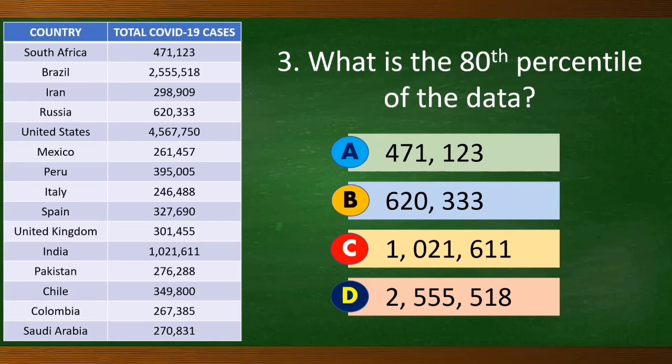Item number 3. What is the 80th percentile of the data? What is your answer? That's good. The answer is letter C. It's 1,021,611.